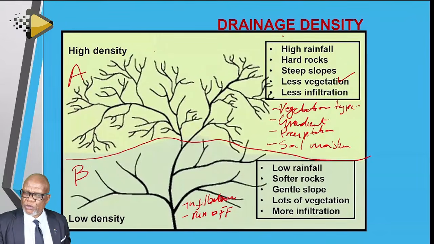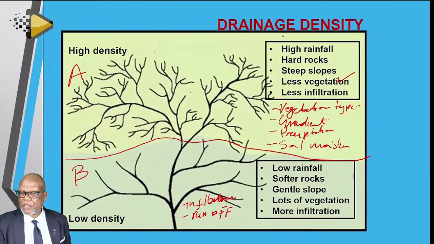And then we also look at the gradient. How did the gradient influence the density at A? At A, the gradient is very steep. Because of the steep gradient at A, we have high runoff and less infiltration. That is why it resulted in higher drainage density.